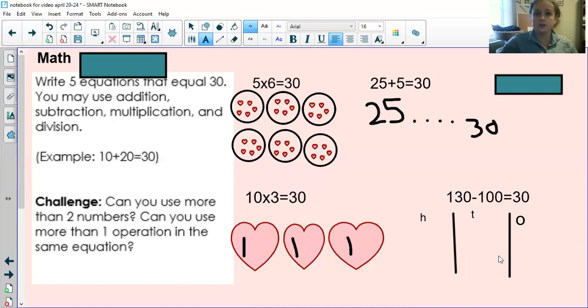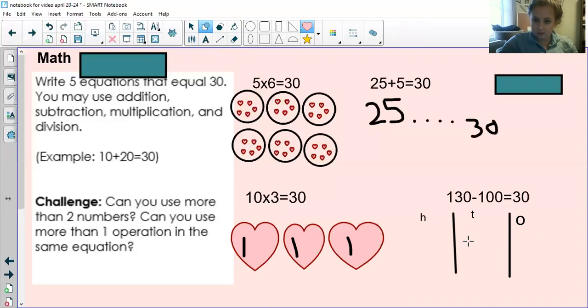So if I'm going to draw my picture, remember with subtraction, we only build the bigger number. So if I have 130, we have 0 ones, I'm gonna leave that blank. I have 3 tens, okay? And I have 100. Okay, and 100 we're going to show as a square. Then I'm going to write the other number underneath.